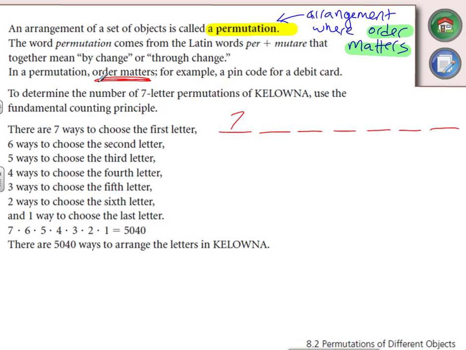So the second one now is 1 less, 6. I've used 2 up now. It means the third letter, there's 5 options left. I've now used 3. So then 4, 3, 2, 1, all the way down. We're constantly using 1 more. Multiply those together. That gives us 5040.